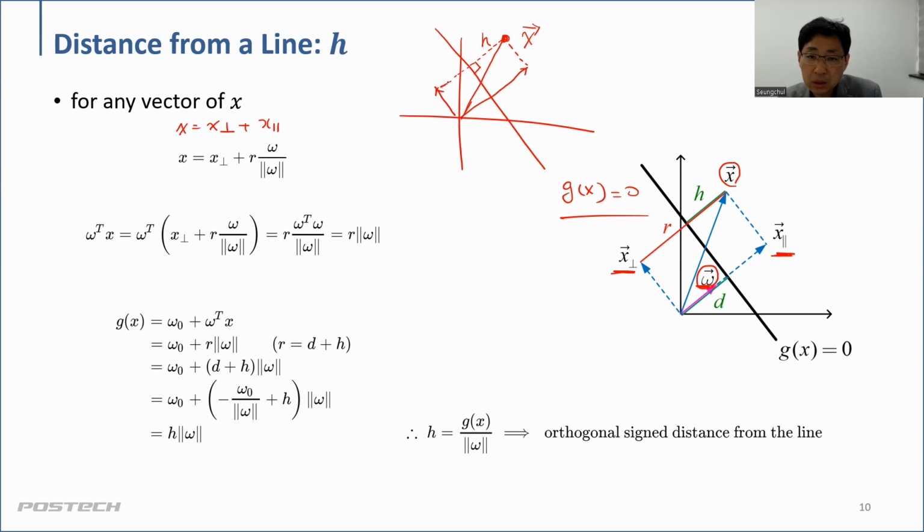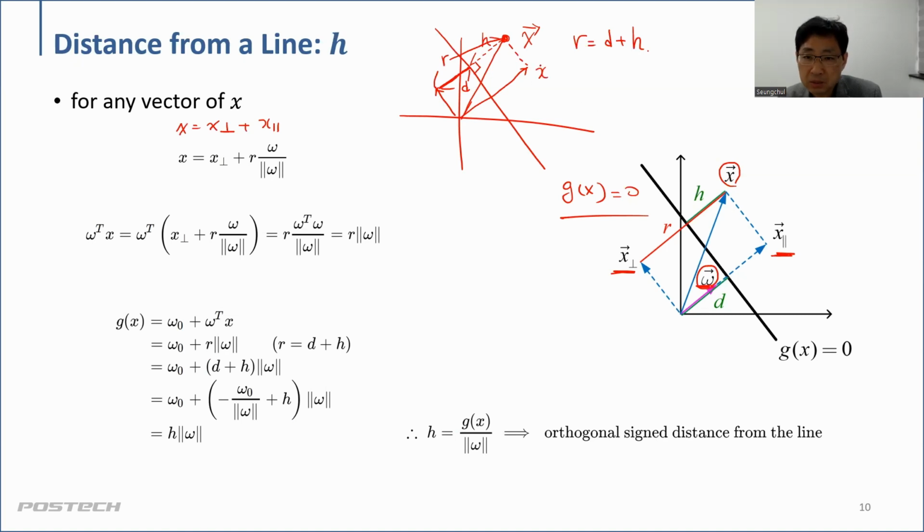And this one is distance d, and we say these are r. You guys know what this one is: d, and this is h, and r is d plus h.